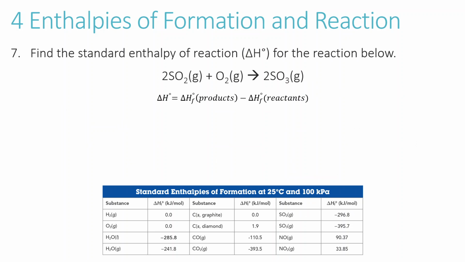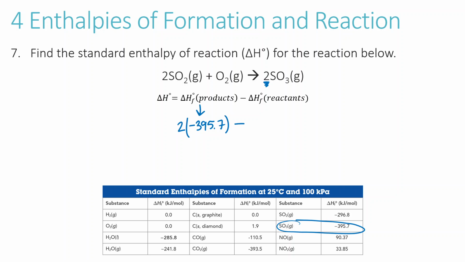So looking at my reactants here, notice that I have 2 moles of SO3. So I'm going to need to find the value for SO3, and I'm going to double that. So for my products, I'm going to get 2 times negative 395.7. So that's going to be my products.